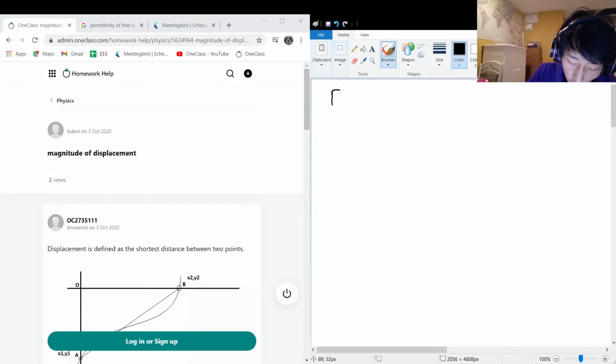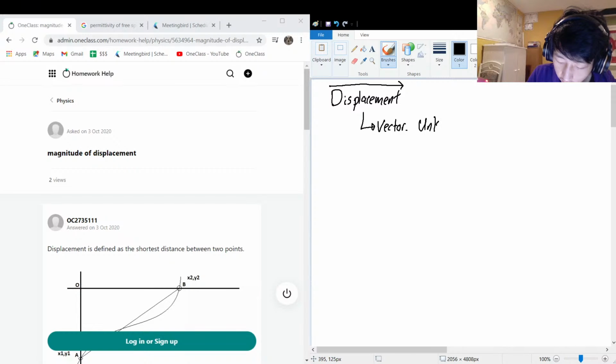Let's first talk about what displacement is in the first place. Displacement. This is definitely a vector. So we can draw it like that. Vector.